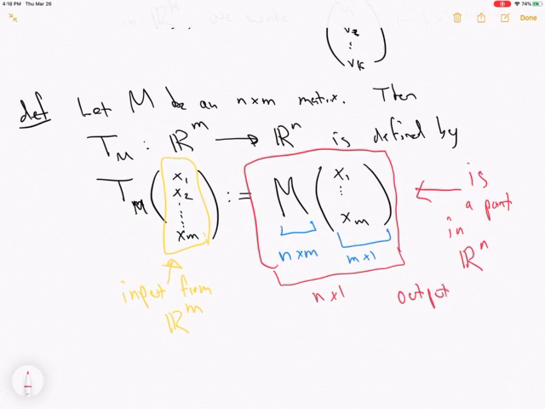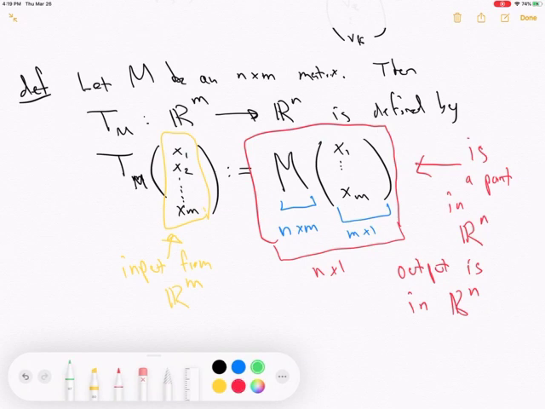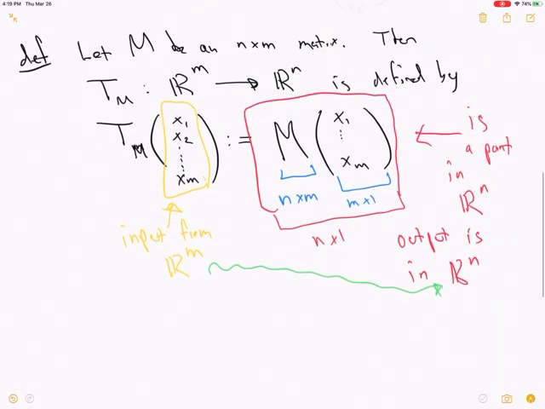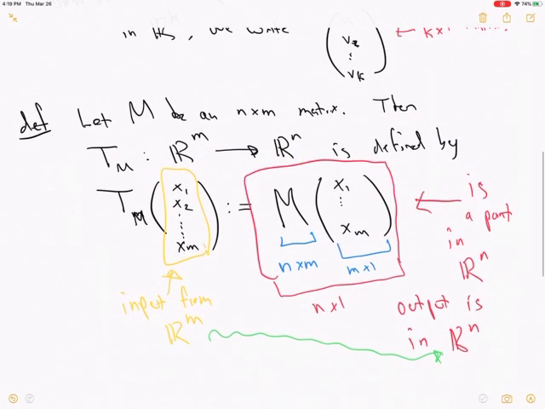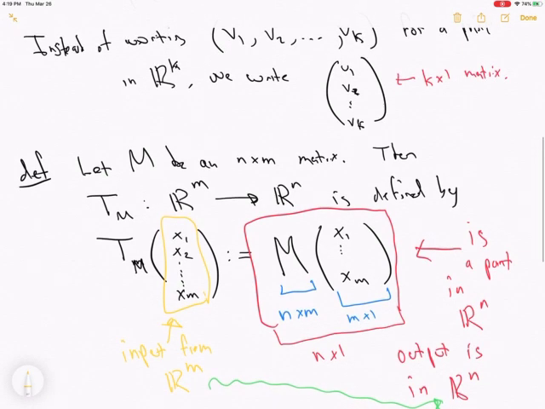The output is in Rn. So indeed, this is a function that goes from Rm to Rn. Okay, so it's kind of confusing, so you have to remember, so let's just make a quick note. So this is the input, so this is like input dimension.